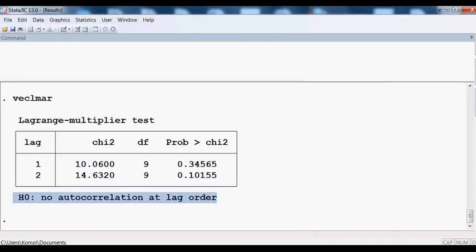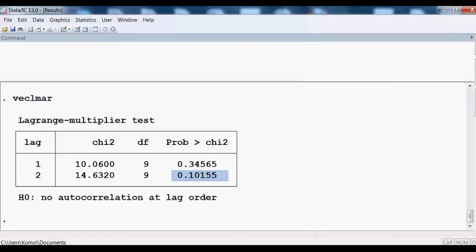That is, there is no autocorrelation. And also at lag 2 I cannot reject the null hypothesis because the p-value is 10.15%. So in the whole system model there is no autocorrelation, meaning that there is no serial correlation. So we are happy about the whole system model.